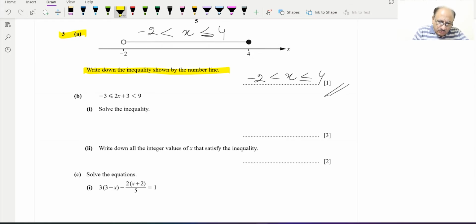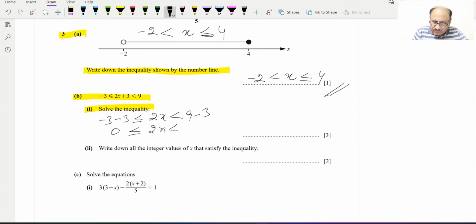Now for the B part, an inequality is provided, we need to solve the inequality. If we shift 3 to the left side, it will be minus 3 is less than or equal to 2x, and if we shift 3 to the right side, it will be 9 minus 3, so this side will be 6.